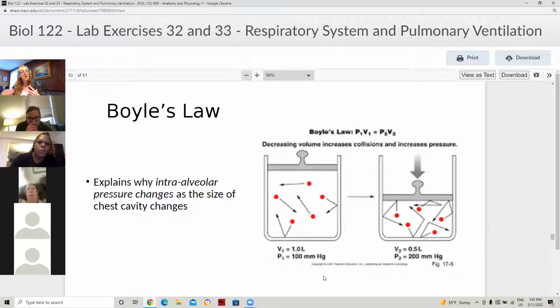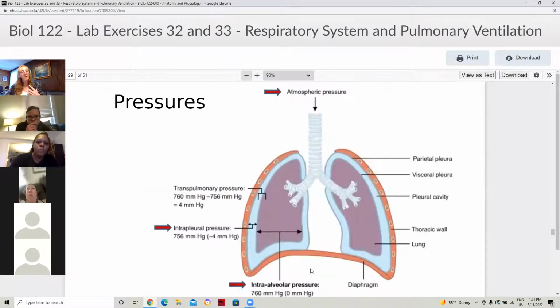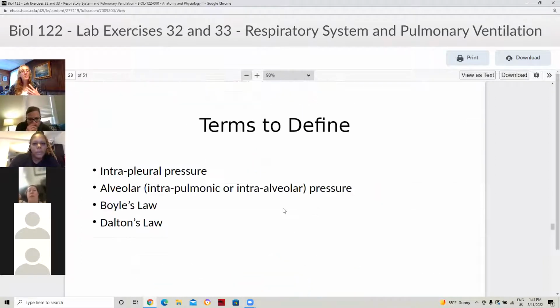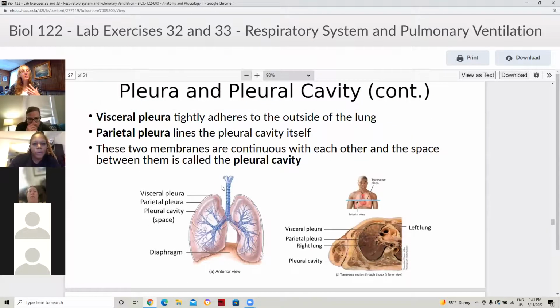Because it has to do with atmospheric pressure. Nope. What did I say here about the visceral pleura and the parietal pleura? Oh, because there's a muscle attached to the pleura. Nope. What did I say here? The visceral pleura lines the lungs.